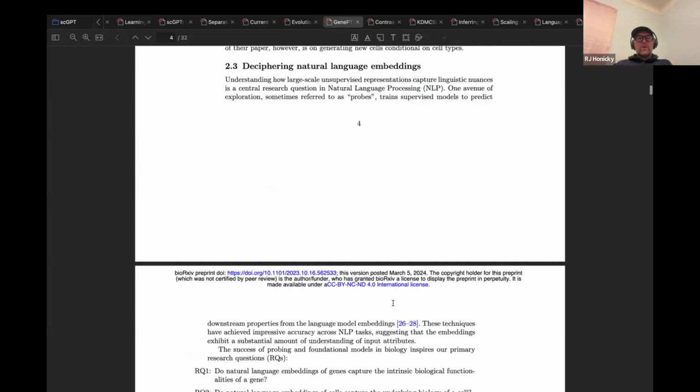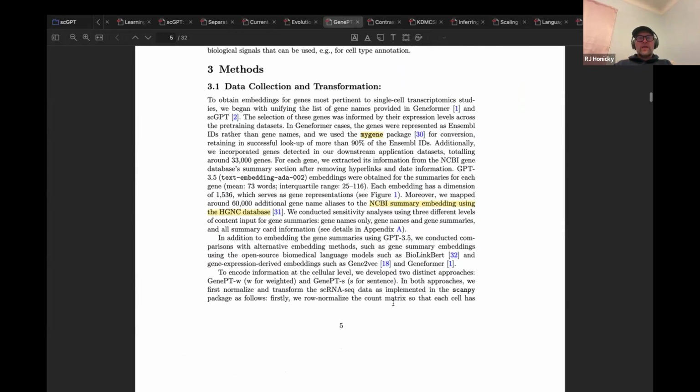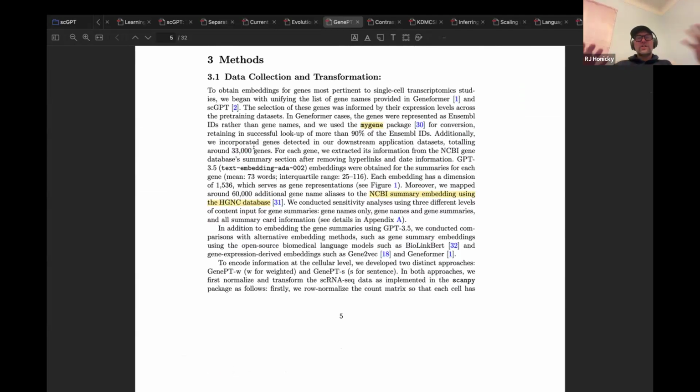So then, skipping over the related work. Basically, without going into too much detail, I think I've been pretty clear about what they do. They have these 30,000 genes. They do a bunch of deduplication, because a big part of getting this to work is figuring out that all the different papers have different names for genes, and there's a whole bunch of databases that all use slightly different naming.